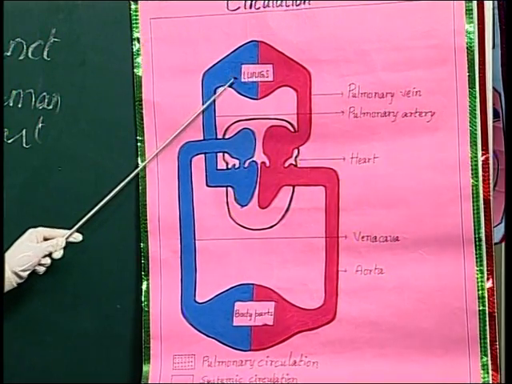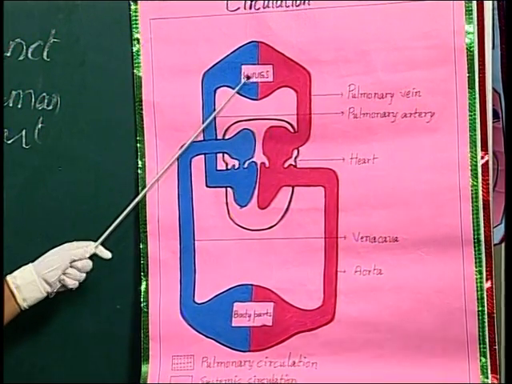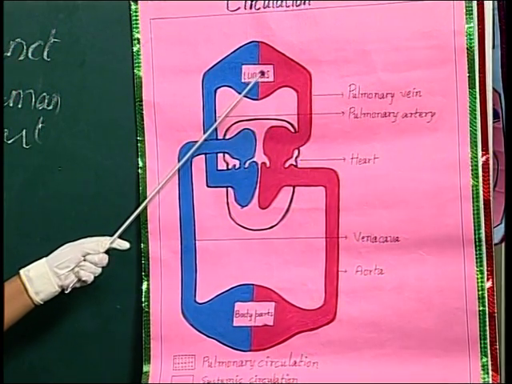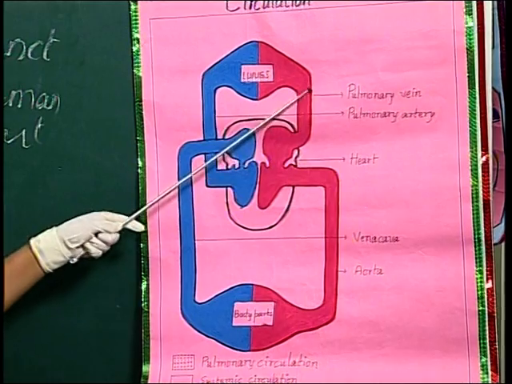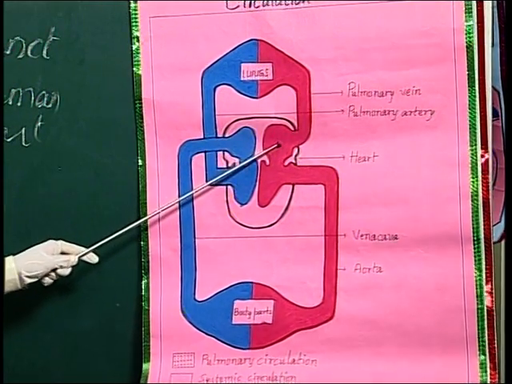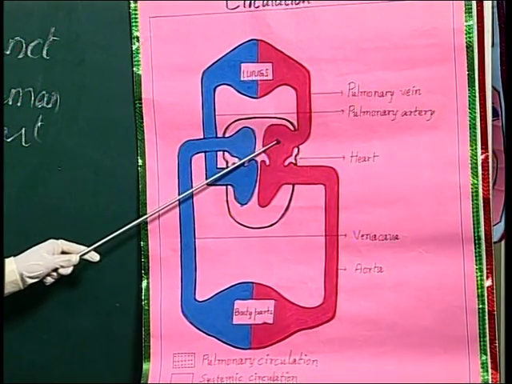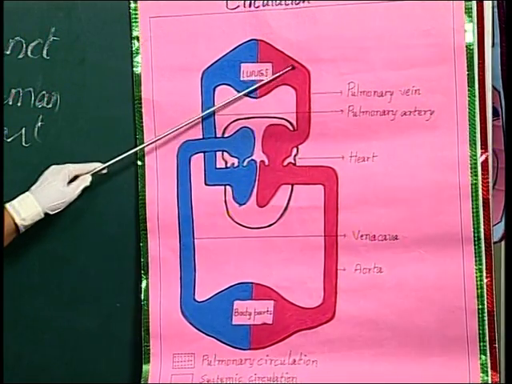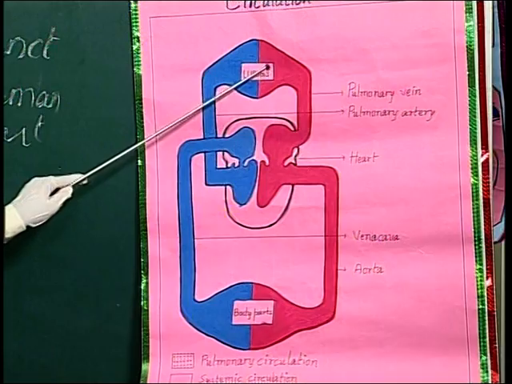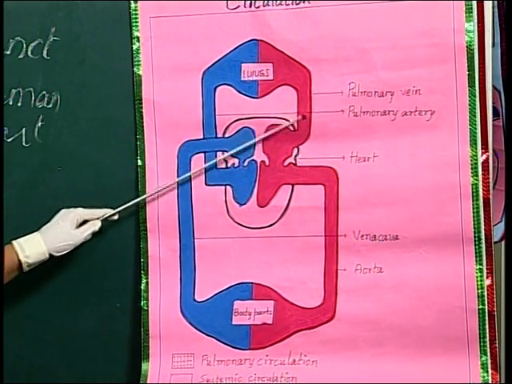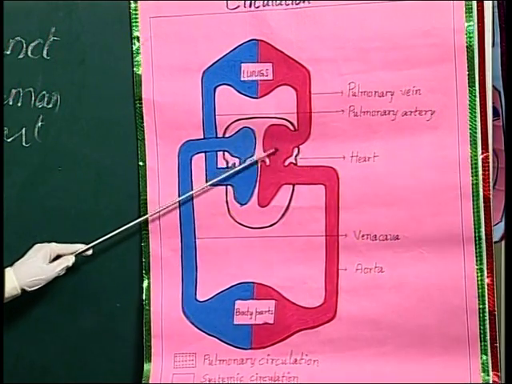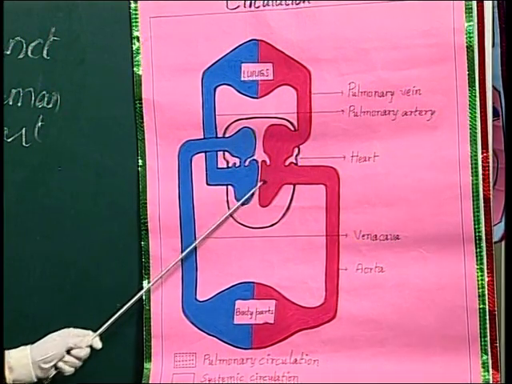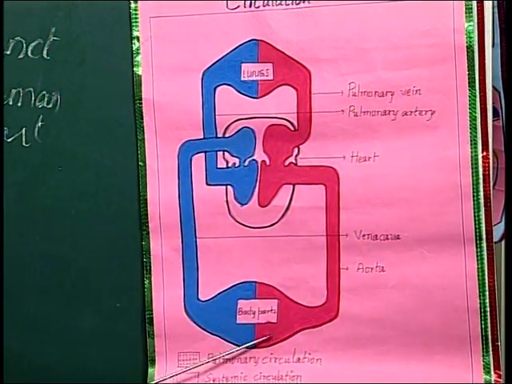From the lungs the pulmonary vein carries the oxygenated blood to the left auricle, and from there it enters the left ventricle, and the systemic aorta pumps the blood to the different body organs.